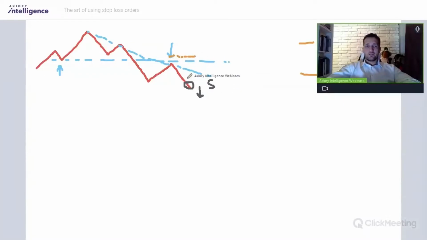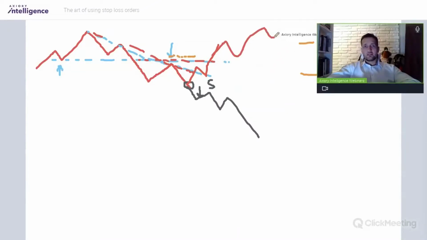So in this case, you place your stop loss above those two resistances. Why? Because in general, the price should continue to go lower. But it can reverse, and when it breaks this resistance and this downtrend line, it will mean that a new uptrend started.